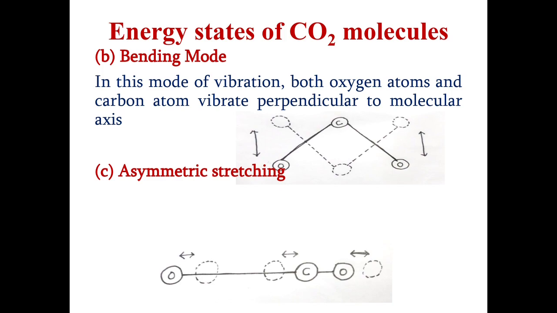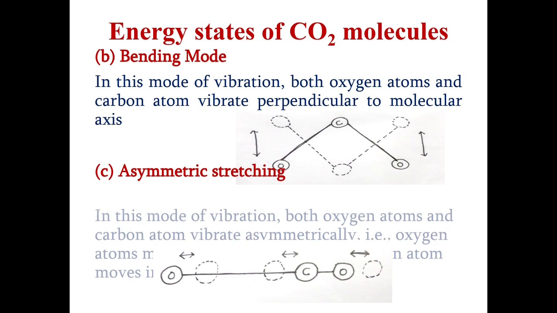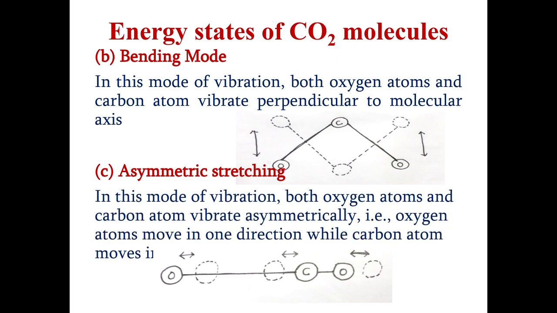Next we have bending mode, where the carbon will be at the center, but the oxygens sitting at the extreme ends of the carbon will vibrate perpendicular to the axis of the molecule. So you can see the mode of vibration in the picture. Then we have asymmetric stretching.